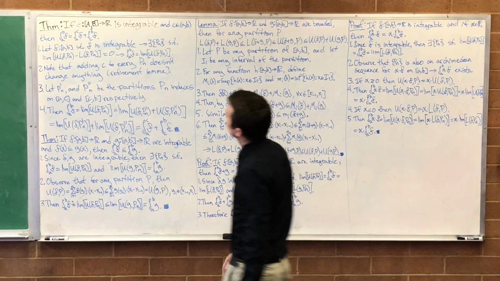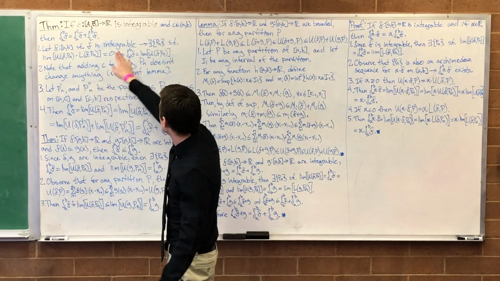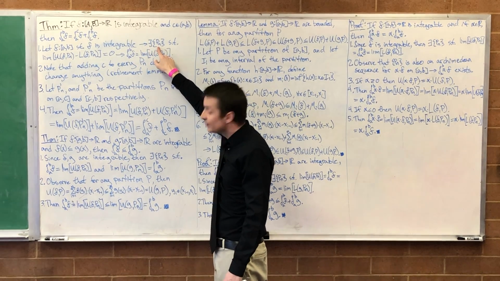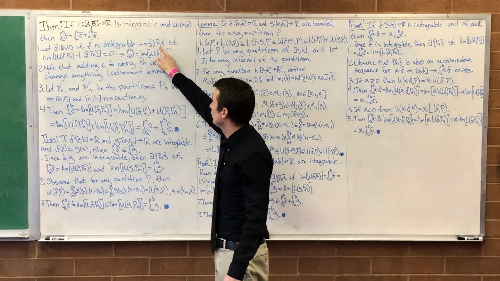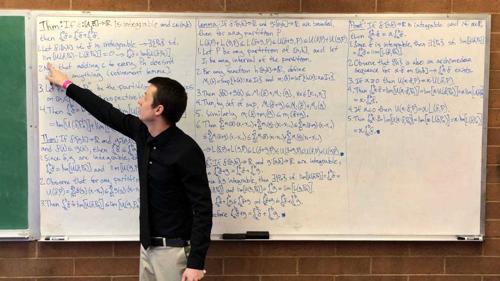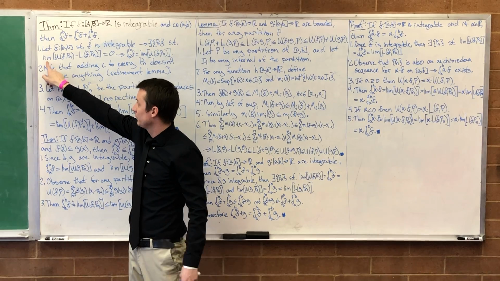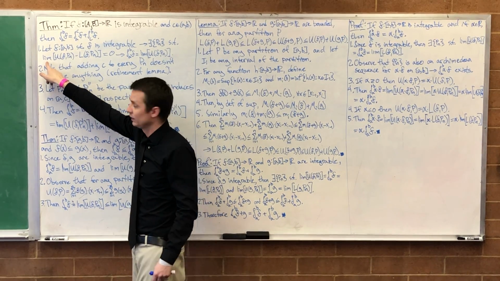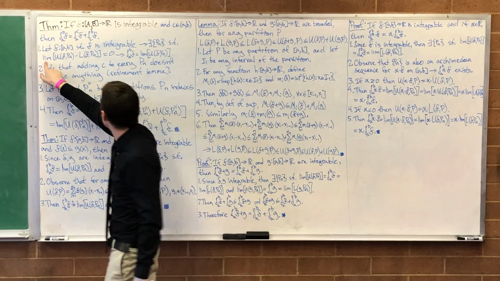Anyways, let's prove it. Let f be a function on a, b such that f is integrable. What does that give us? That gives us that there exists a sequence of partitions, an Archimedean-Riemann sequence of partitions, such that the limit, today, every time I do a limit like that, it's the limit as n goes to infinity. We just don't need to worry about other limits right now, so I'm just going to write that.